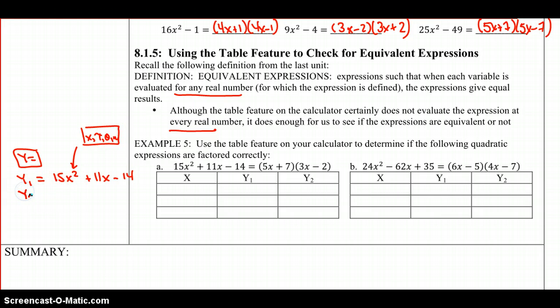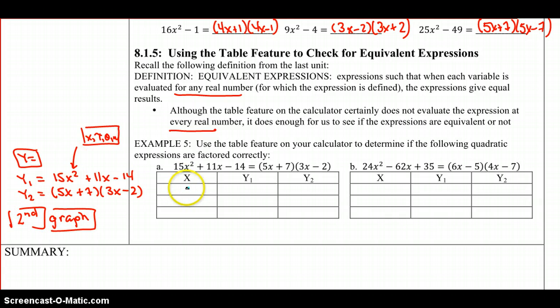And then next to y2, we're going to put the right side of the equation. So parentheses 5x plus 7, and another parentheses 3x minus 2. Okay. And we want to know if these are truly equivalent expressions. Okay, so once we've typed these in, we can hit Second and Graph to view our table.